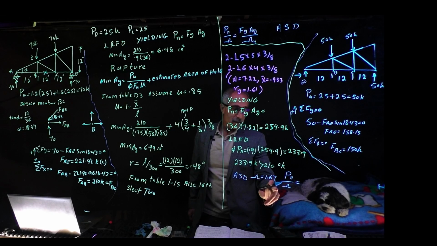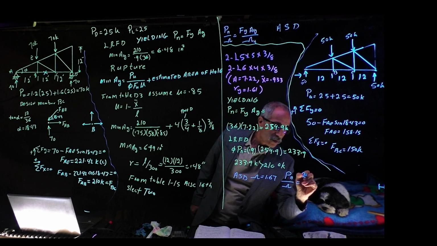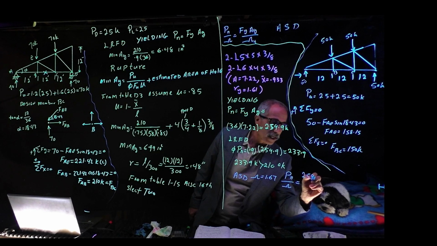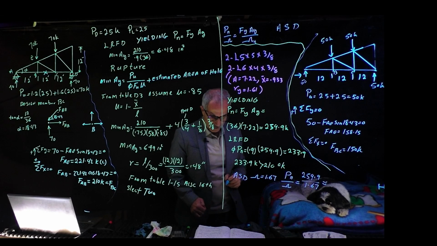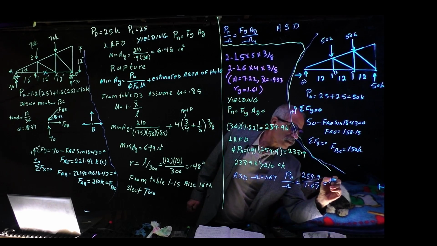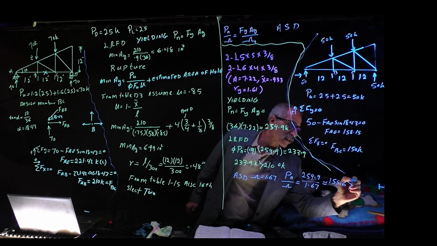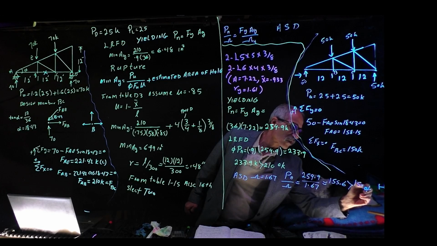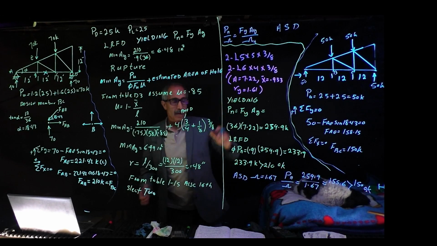And Pn divided by omega, which was 259.9 divided by 1.67, and that's equal 155.6, which is bigger than 150 right there, and so that's okay. So now we passed that in yield, and let me erase this, we continue.